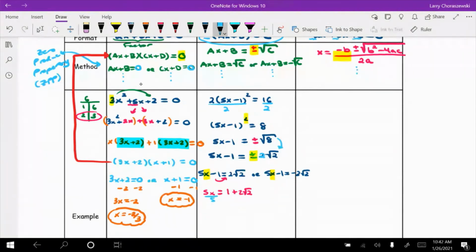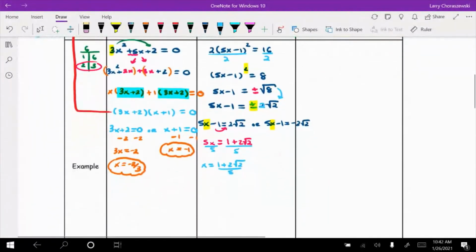And a couple ways you can do this. On the right, you can write the entire thing on top of 5. So it's 1 plus 2 radical 2 over 5. Okay, this is a legit version of the answer for x. But you can also write it as 2 fractions, as 1 over 5 plus 2 radical 2 over 5.